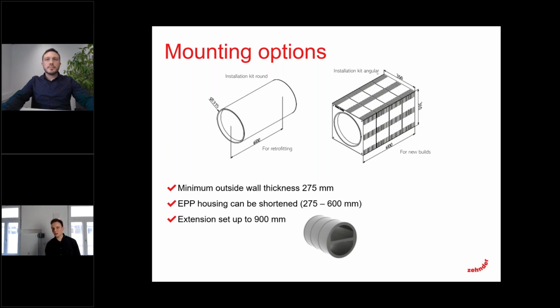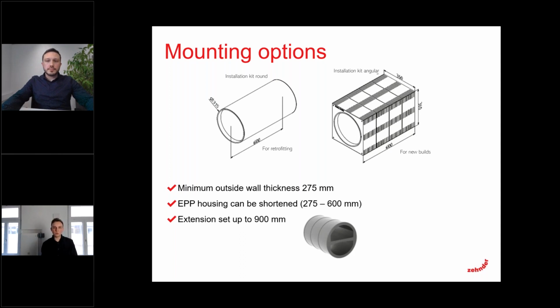For new builds, we have an angular installation kit. So during the planning and construction phase, you can take that into consideration, and then you can build it in during the construction phase.